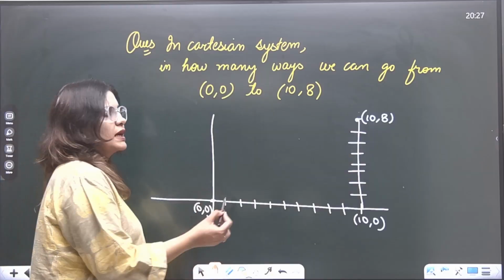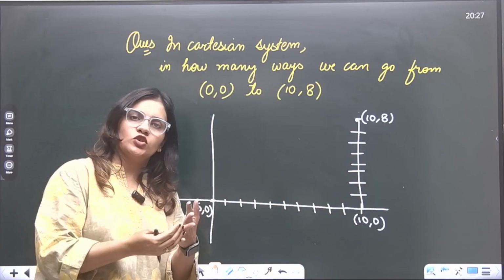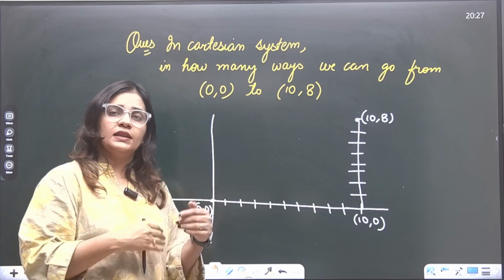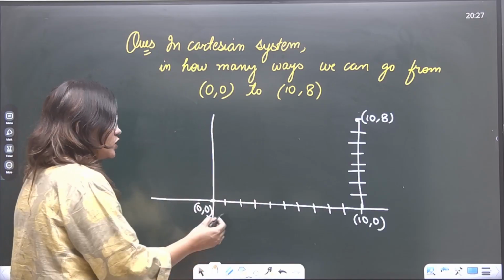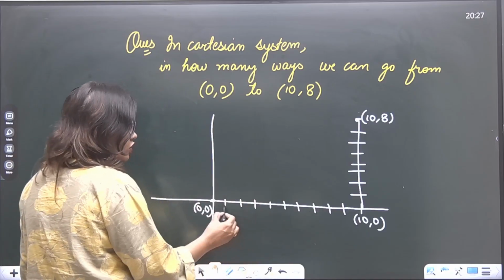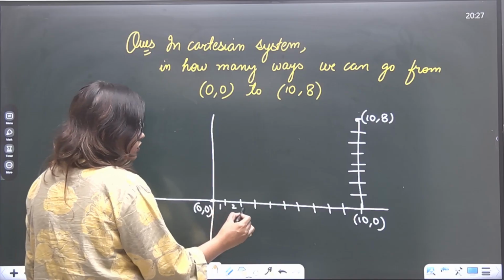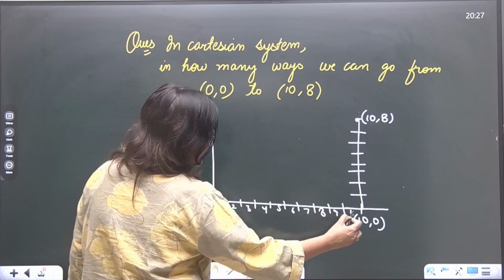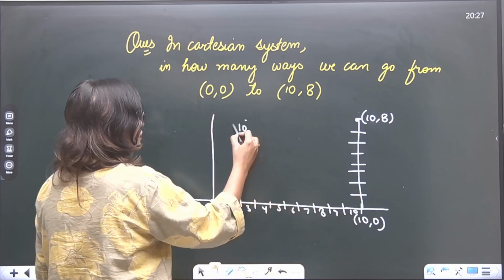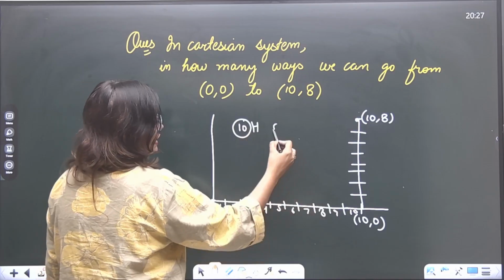Now again the condition is the same, you can move horizontal, vertical, not diagonally, left to right, down to up, same situation. Now we know how many horizontal movements there are: 1, 2, 3, 4, 5, 6, 7, 8, 9, 10 horizontal movements. And how many vertical? 8 vertical movements.